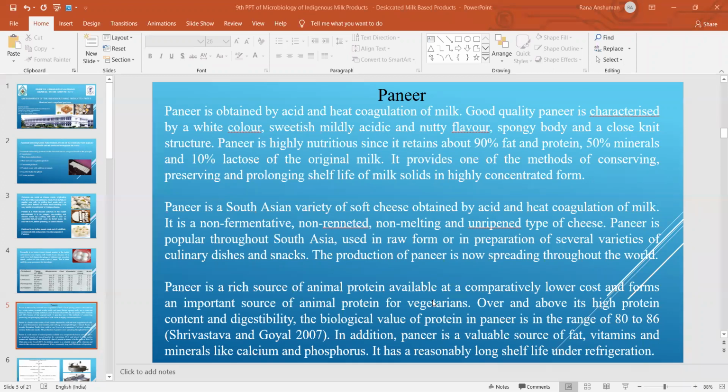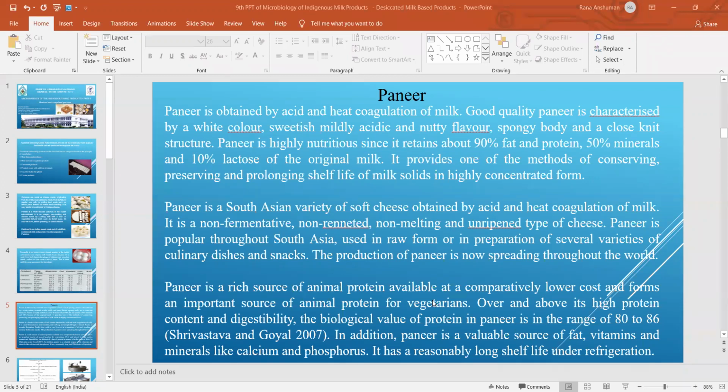It is a non-fermentative, non-regenerated, non-melting, and unripened type of cheese. You have already studied that it is very popular throughout South Asia and used in raw form in preparation of several varieties of culinary dishes and snacks. The production of paneer is now spreading throughout the world.